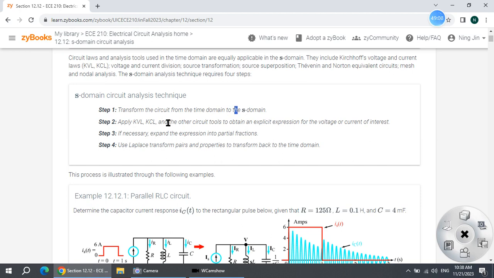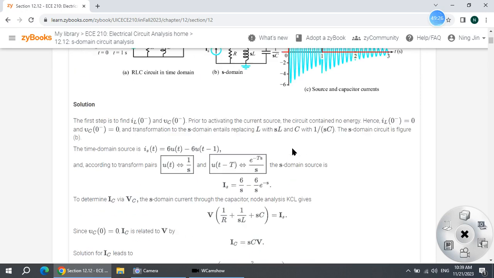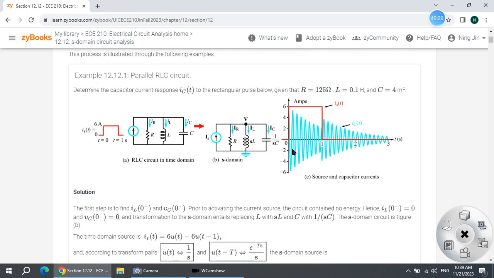This is step 2. Give the equations, and then try to solve it. Maybe you need partial fractions, and finally use the inverse Laplace transform to find the answer in time domain. You know these 4 steps. Just follow these 4 steps. You will be fine.